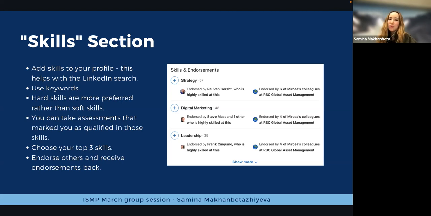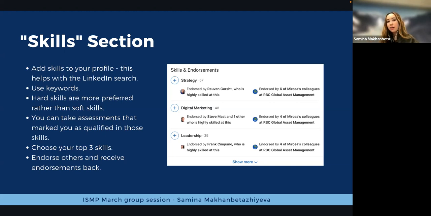Usually hard skills are more preferred than soft skills because there's no way to know if you are really skilled at, say, conflict resolution, or communication with people, right? These are things that you cannot measure, but with hard skills, you can actually know that it takes time and effort to learn them, where you are actually sitting down and studying the subject to learn it.